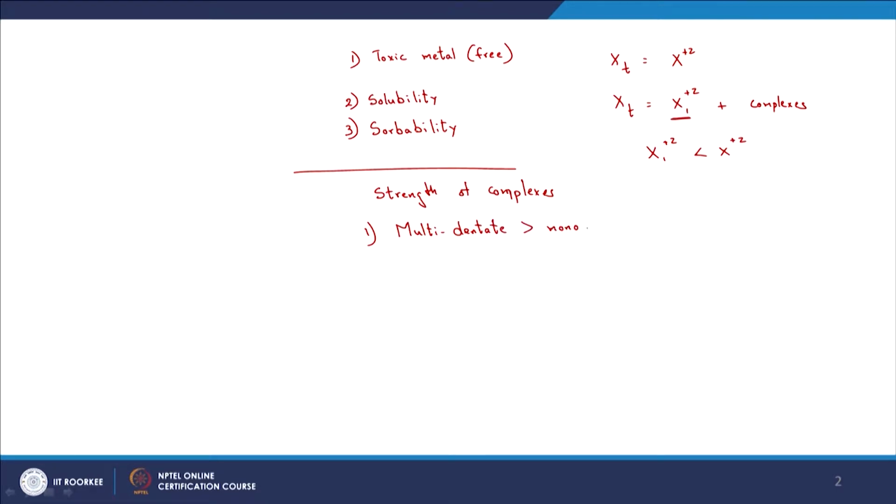Again, what are multi and monodentate about? Multi means you have a ligand with multiple binding sites, and monodentate is one with only one binding site. And thus obviously the multidentate complex would in general be stronger than a monodentate complex.